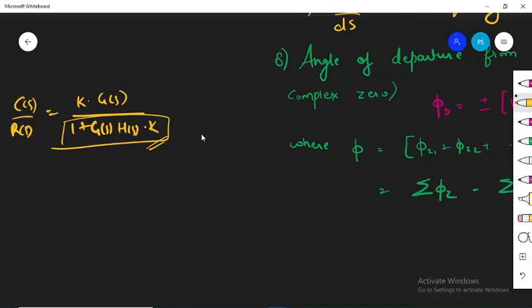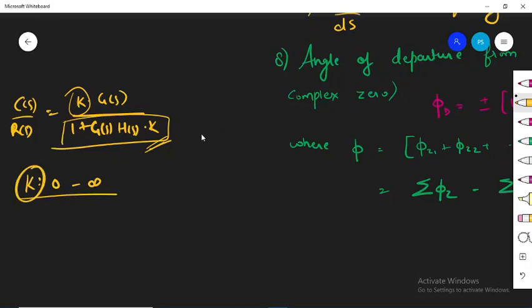So what we do here is we track the poles of the system when the value of k is varied from 0 to infinity. Again, it's not necessary that we vary only this variable k, we can also vary other parameters as well.